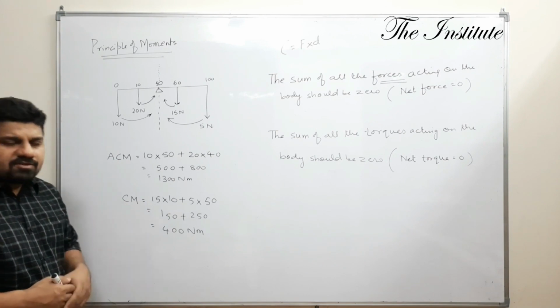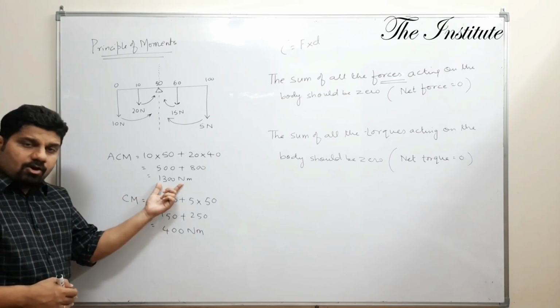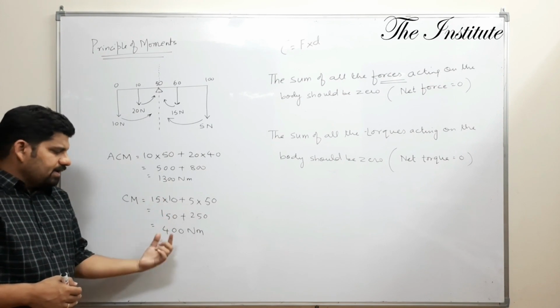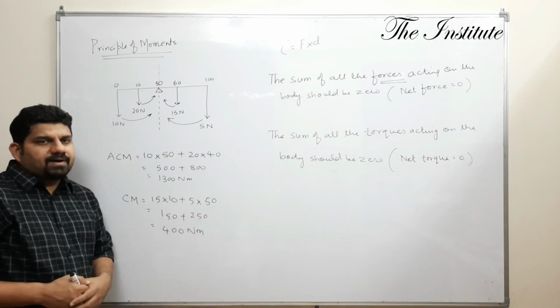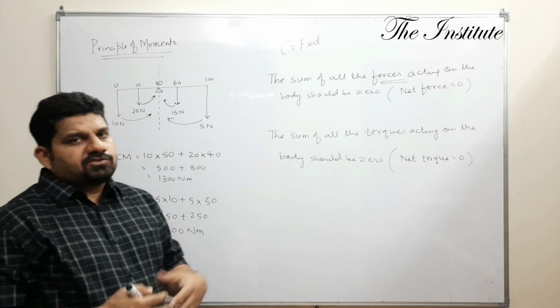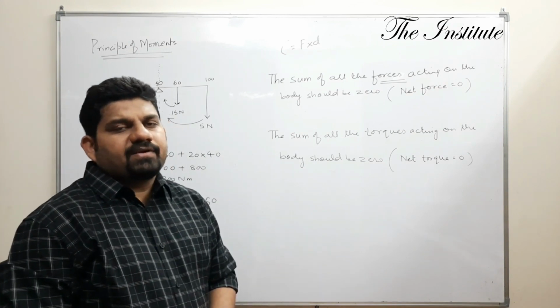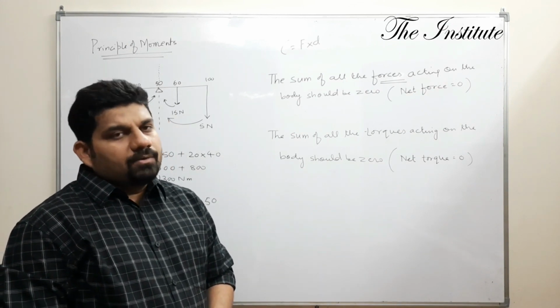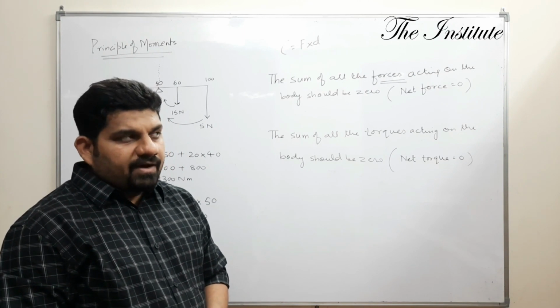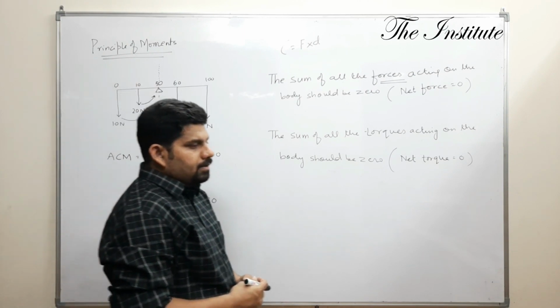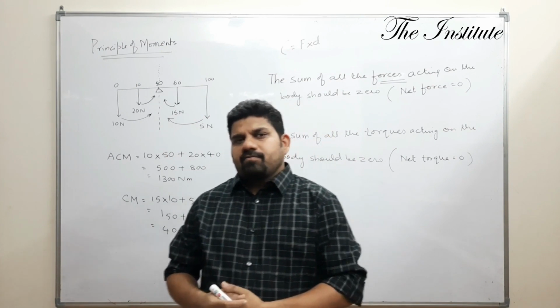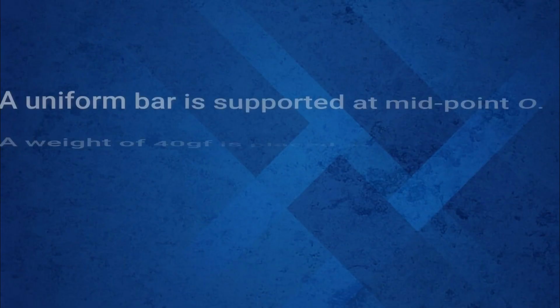So you can see in this particular example that anti-clockwise torque or moment is not getting balanced by clockwise moment. So this rod is definitely not in equilibrium. Fine. Let's take down a few more examples.